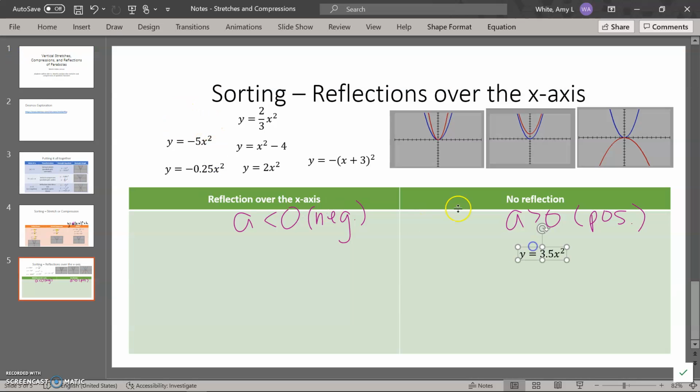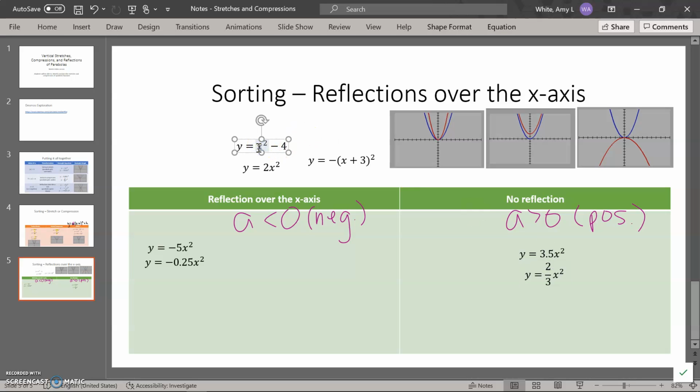So it's going to go in our no reflection column. Here, A is negative. So it is a reflection. A is positive, 0.25. So it is no reflection. A is negative, so it is a reflection. A is positive, so we have no reflection.